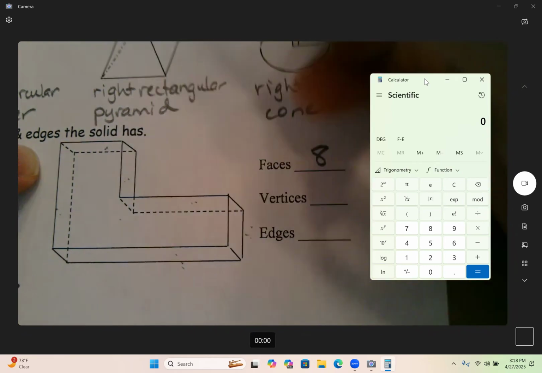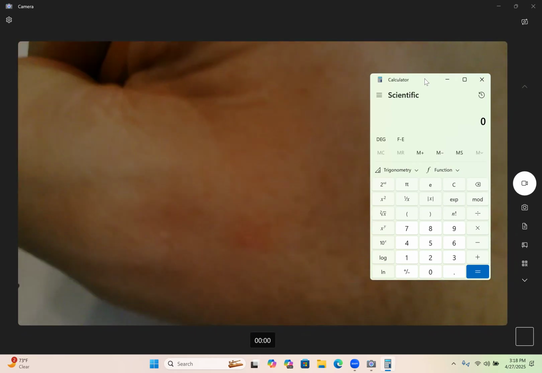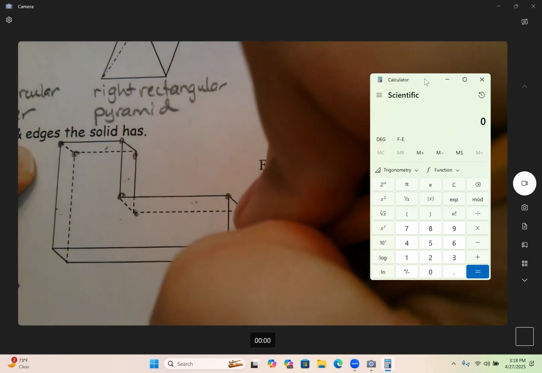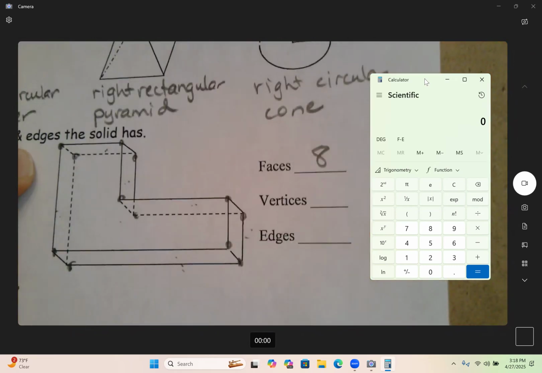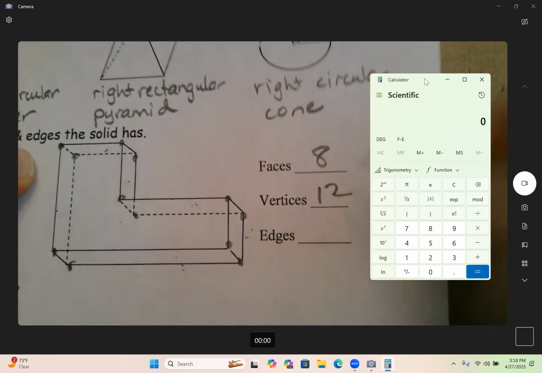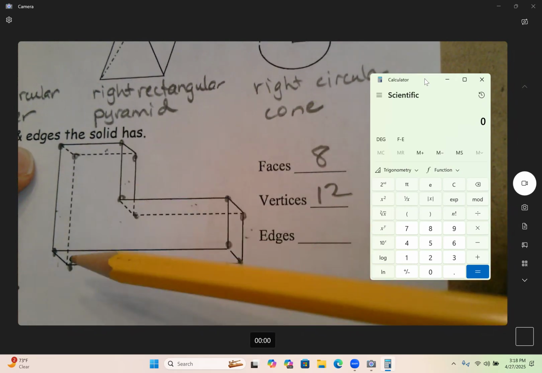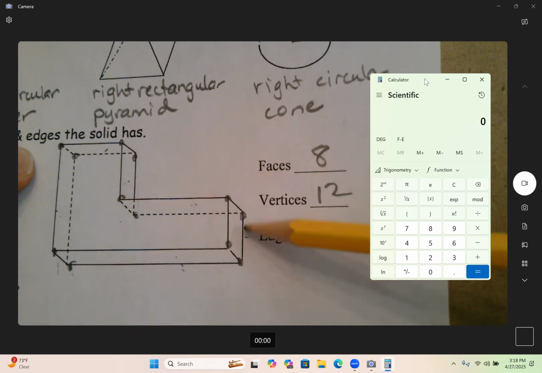Now the vertices, those are the easiest ones to count. 1, 2, 3, 4, 5, 6, 7, 8, 9, 10, 11, and 12. So there are 12 vertices, and then edges, those are the line segments. I'm going to count the ones going up and down first. 1, 2, 3, 4, 5, 6.